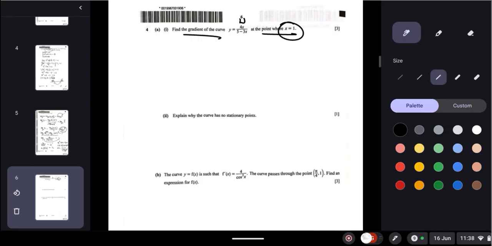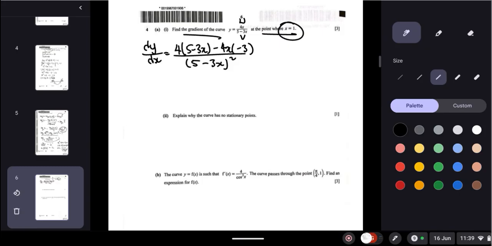To simplify it for you, dy dx can be written as 4x plus 4. So how did I do this, right?